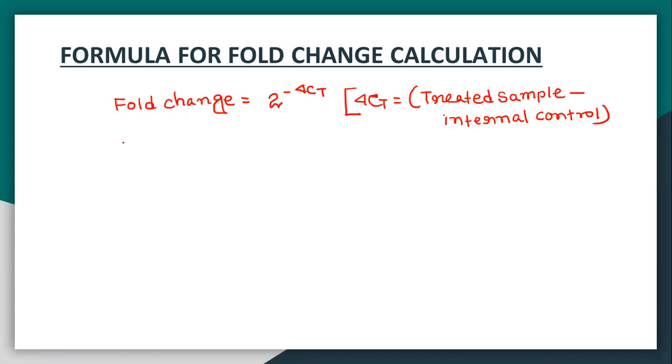Another formula for the same is the 2 to the power minus delta CT method.